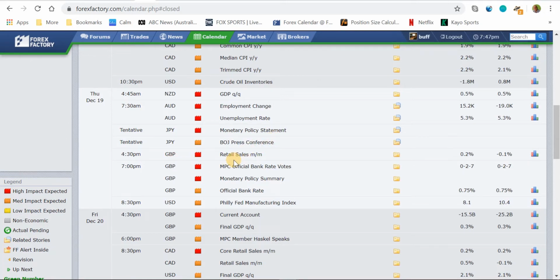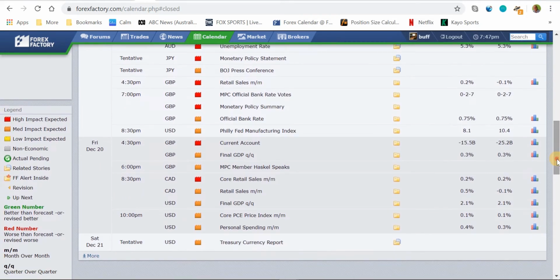That's not going to go anywhere. You've got pound retail sales, and there's more. The other big ones are the UK interest rates. Not expecting a change there, but it could have an effect on the pound pairs. Just be careful. And Friday, current account out of UK, CAD core retail sales.